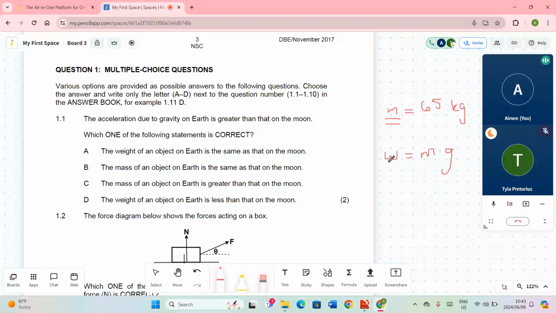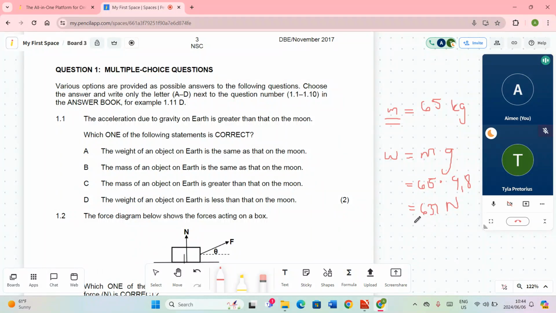Okay, so if you have a mass of 65 kilograms, to calculate your weight on Earth, we're going to say weight equals 65 times our Earth gravitational acceleration, which you know is 9.8 meters per second squared. So 65 times 9.8 gives us 637 newtons.